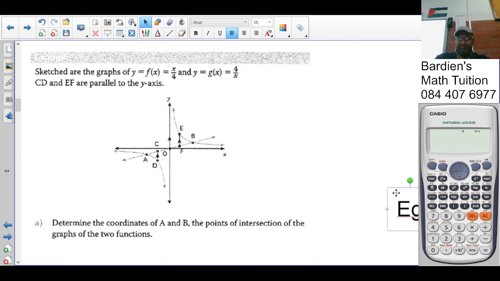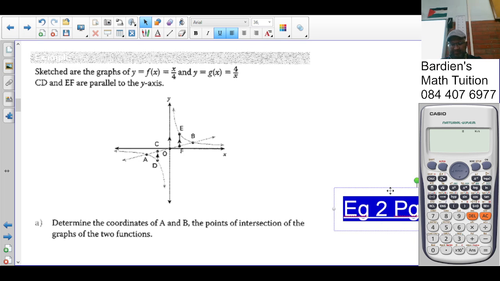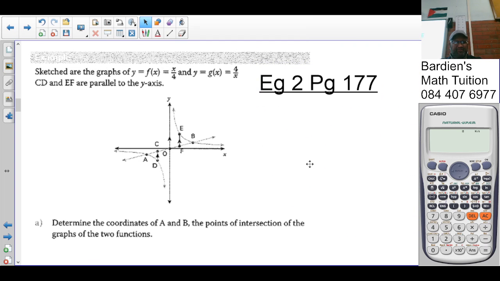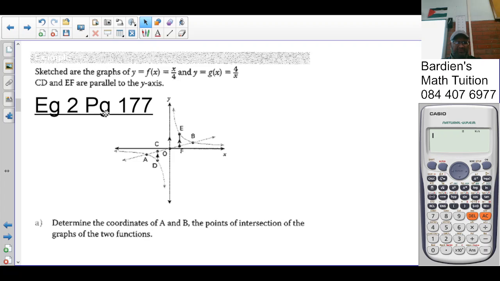Example, page 177. You can write your reference down.